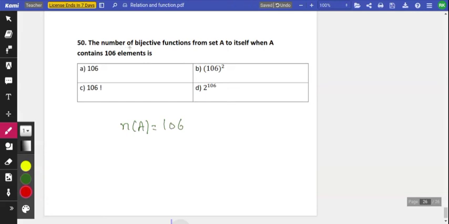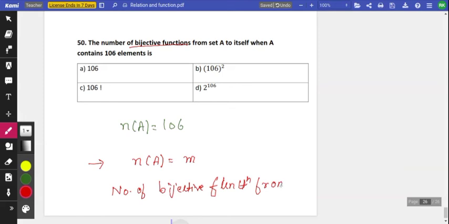Here is the formula: if the number of elements in set A is m, the number of bijective functions from set A to set A is m factorial.